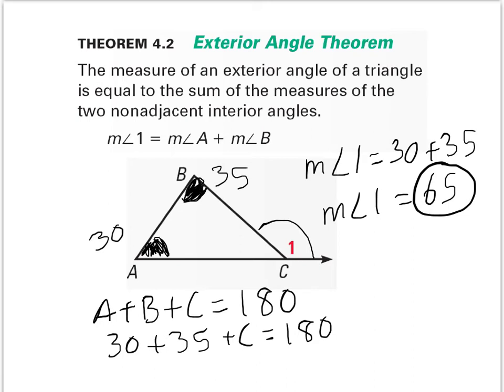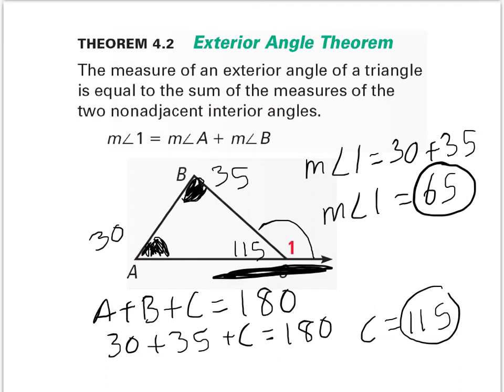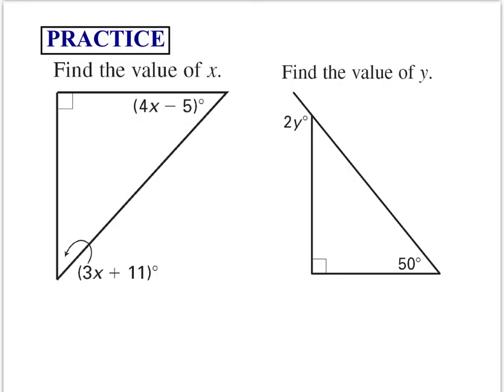We subtract 65 from both sides, we get C needs to equal 115. Well, if this angle right here is 115, that makes sense because this is a straight line. And if this is a straight line, then what do these two need to add up to be? Good job, kids. 180 degrees. So, if you followed that, fine. If not, once again, guys, you can always pause these and keep going back and seeing what you missed.